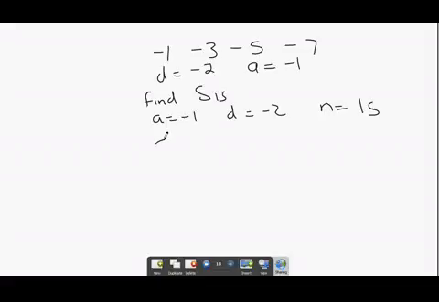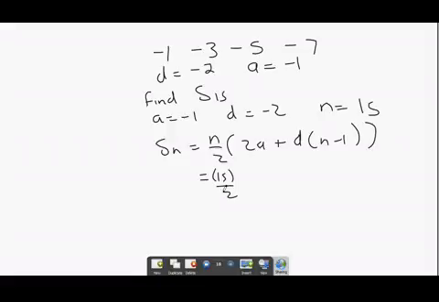So remember, the sum of the nth term is equal to n over 2 bracket 2a plus d bracket n minus 1 close bracket, which means that n is equal to 15 over 2, substitute, so we use bracket a is negative 1 plus d is negative 2 in bracket, and n is 15 in bracket minus 1 close bracket, and then we close the final bracket like that.